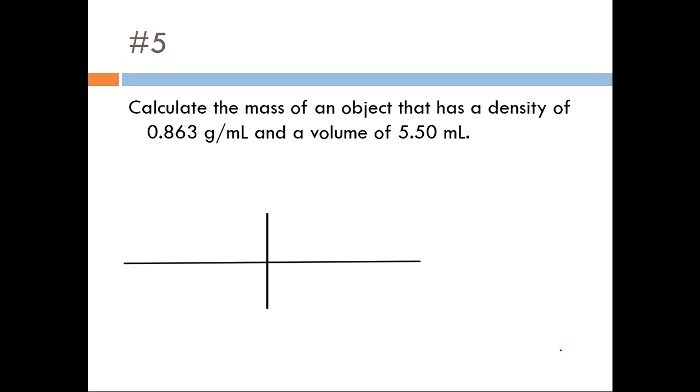Let's take a look at this density problem. And you might be wondering, why are we using density with this? Well, density, if you think about it, could also be a conversion factor problem. We have a density of 0.863 grams per milliliter. We have a volume of 5.50 milliliters, and it wants the mass. And what's the unit of mass? It's grams. So we're actually not going to use density equals mass over volume.